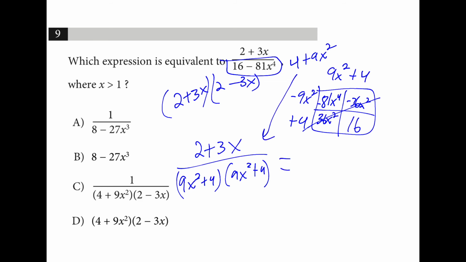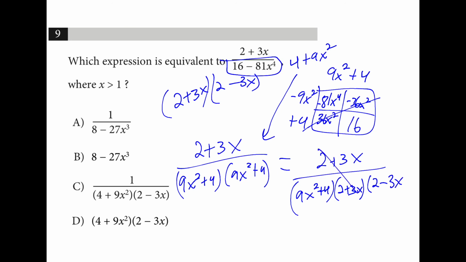So I'll rewrite that as 2 plus 3x all over 9x squared plus 4 times 2 plus 3x and 2 minus 3x. This part goes away, and that's how I have 1 over 9x squared plus 4 times 2 minus 3x.